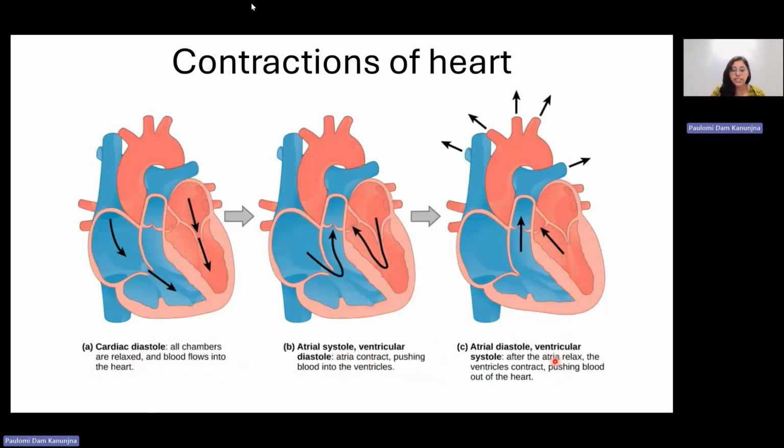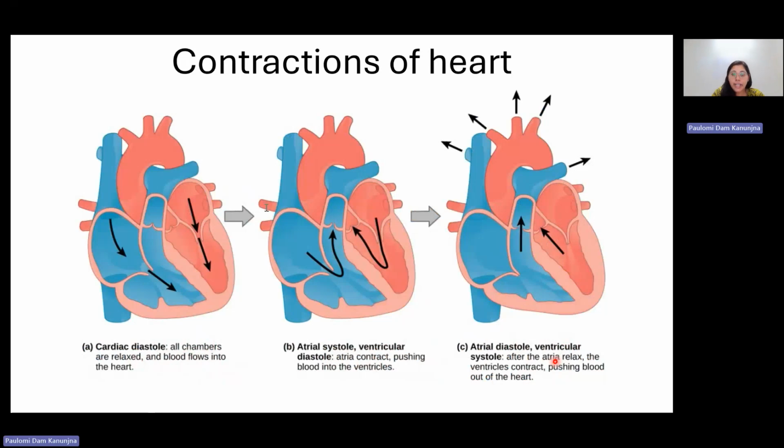Now I will give you just 30 seconds to imagine 120 by 80, and think about which one is systole and which one is diastole. Right?